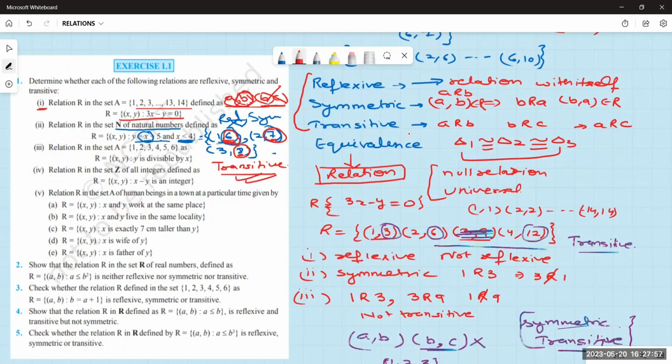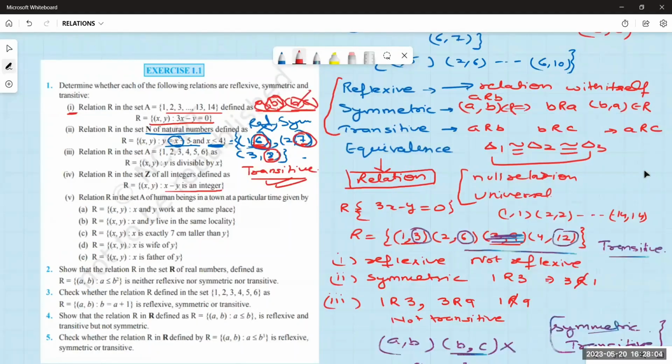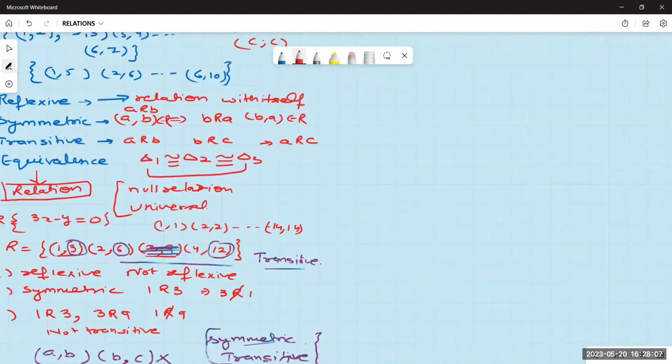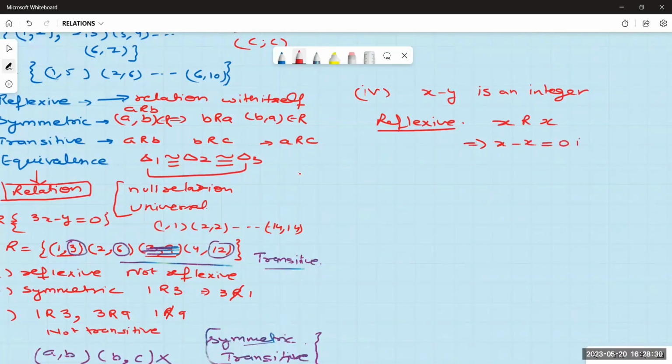ओके। यस मैम। अगला, फोर्थ वाला, x माइनस y इज एन इंटीजर, तो R क्या बनेगा? किस पे डिफाइंड है? इंटीजर्स पे। फोर्थ पार्ट, x माइनस y इज एन इंटीजर। अब ये वाला आपका जनरल रूल से होगा, इसको आप नंबर से नहीं कर सकते। तो फर्स्ट ले लो रिफ्लेक्सिव, तो मैं क्या लिखूंगी? x रिलेटेड टू x, तो क्या हो जाएगा? इंप्लाइज x माइनस x इज इक्वल टू 0 इज एन इंटीजर। ट्रू है ना ये?